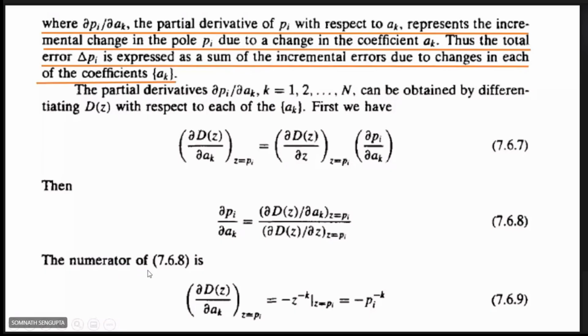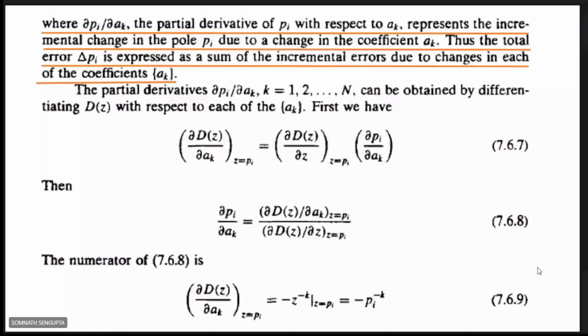So the numerator of this equation is what? The numerator of 7.6.8 is actually ∂Δz/∂ak at z equal to pi, which is equal to z to the power minus k.